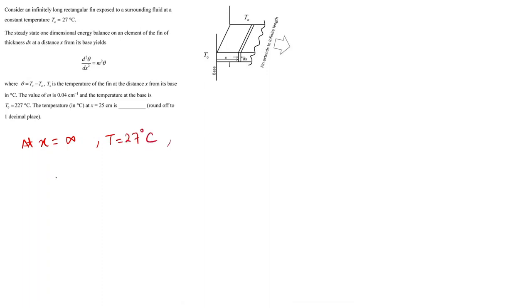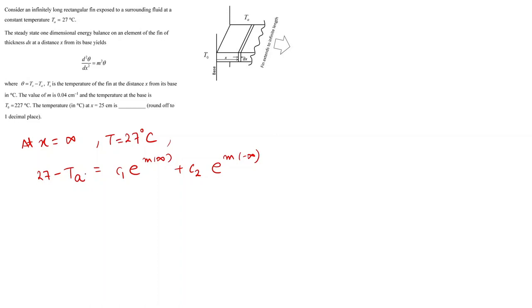So we can write 27 minus Ta is equal to C1 e raised to m into infinity plus C2 e raised to m into minus of infinity.